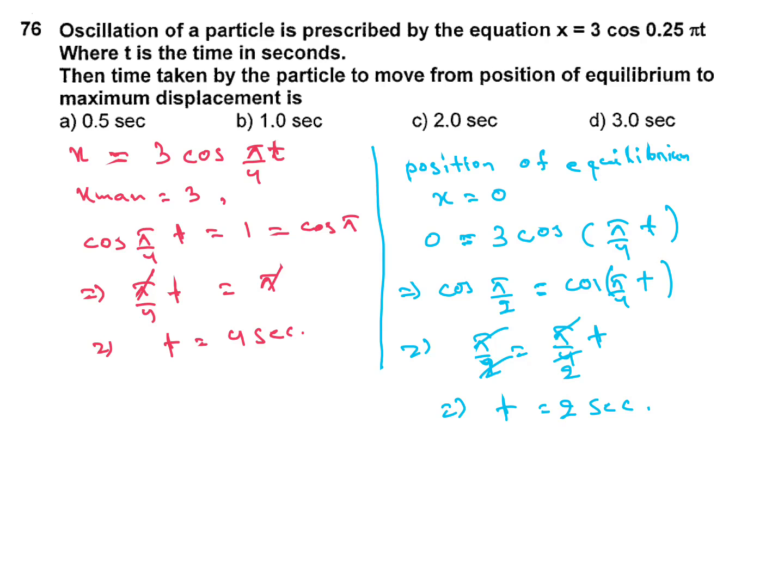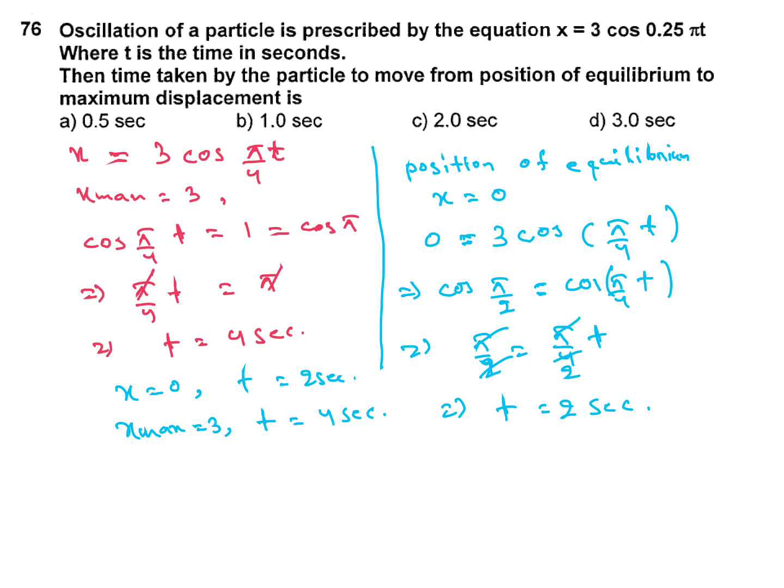At position x equal to 0, the time is 2 seconds. X maximum equal to 3, at that time t equals 4 seconds.